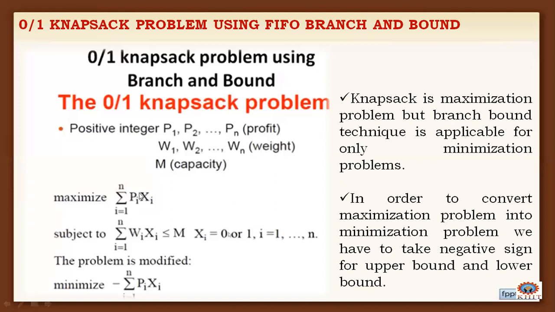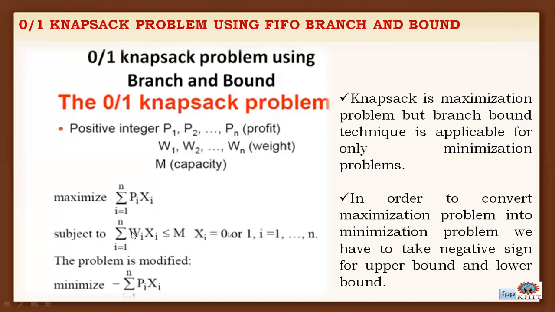How to maximize the profit? There is a formula: sum of Pi xi, i from 1 to n, subject to a constraint. The constraint is that the capacity of the knapsack, capital M, should not be exceeded.